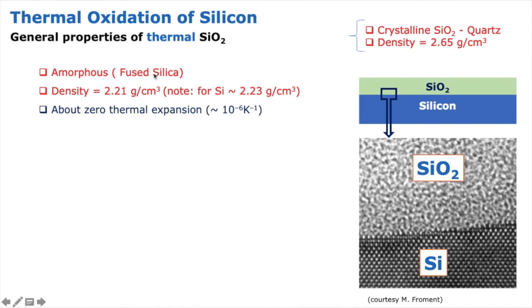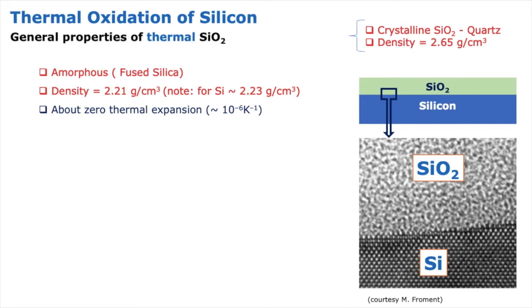Amorphous, basically the fused silicon, has about zero thermal expansion. So thermal expansion is pretty low, which is very important for technological development, because if you use thermally grown silicon dioxide as a gate oxide layer, then what is important is the capacitance.